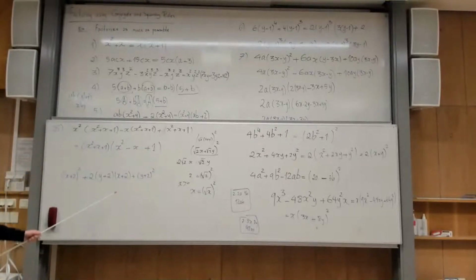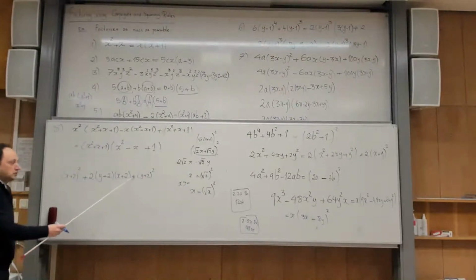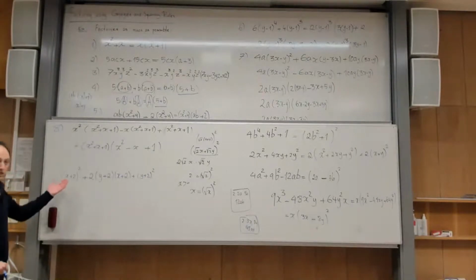Yes? Can you detect the same kind of pattern here? But it is clear this one is playing the role of A, and this one is playing the role of B. So do you see the pattern, or should I explain it more?